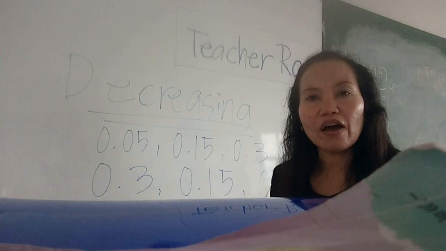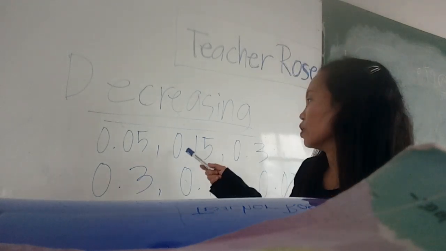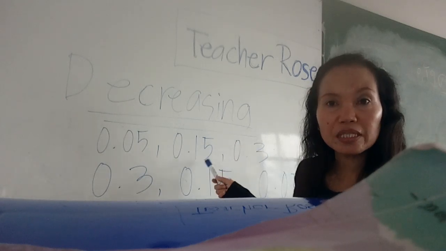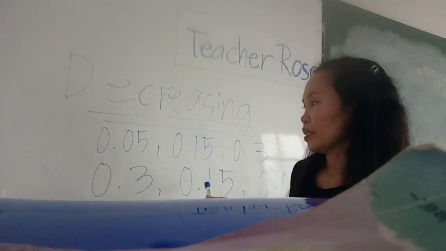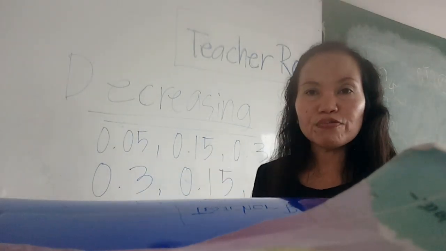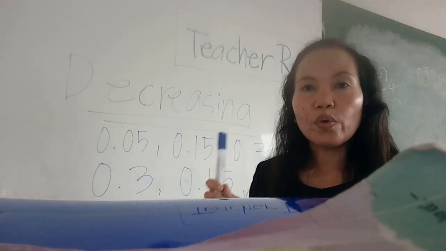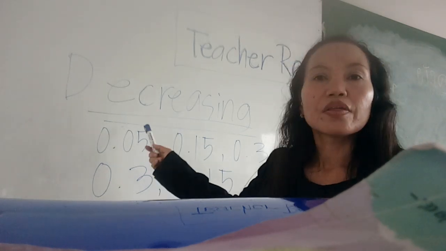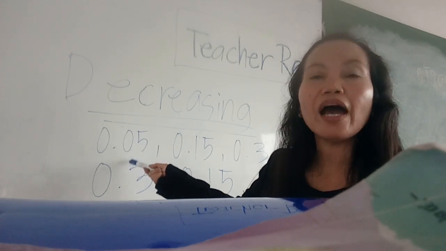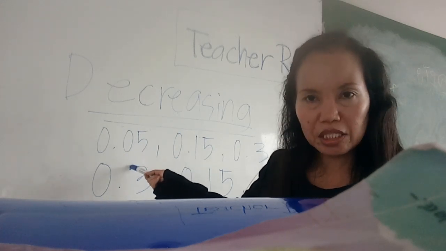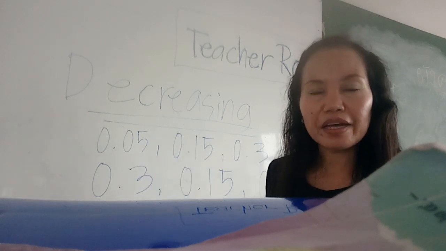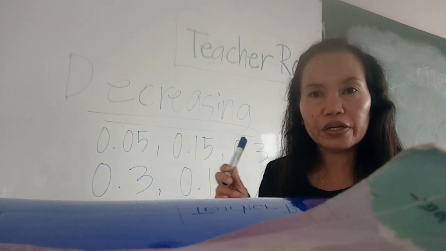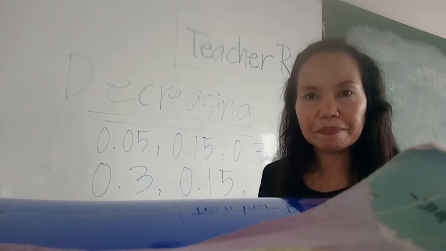So same as what we did with increasing, we have to be very watchful with the first number after the decimal point. Again, in identifying the value of decimal numbers, we have to be very watchful and careful with the first number after the decimal point so that we can get the right answer in arranging decimal numbers in increasing and decreasing orders.